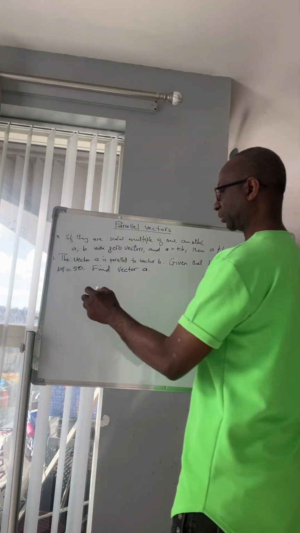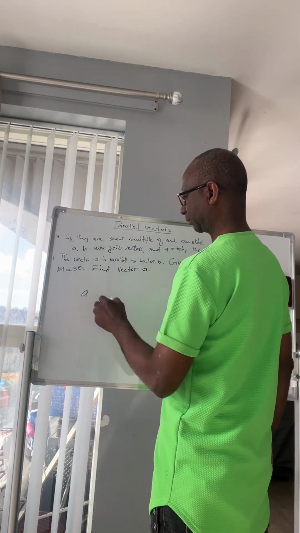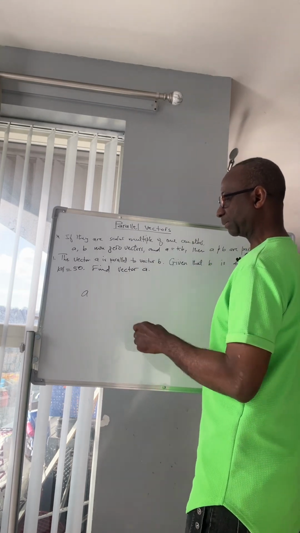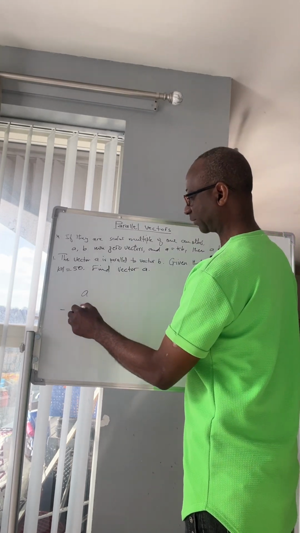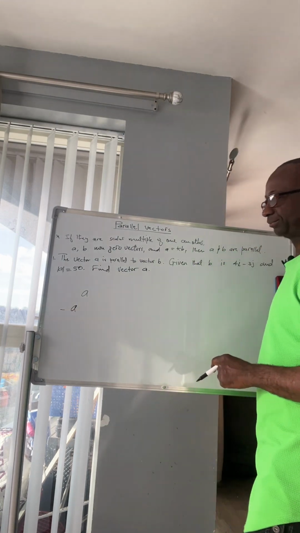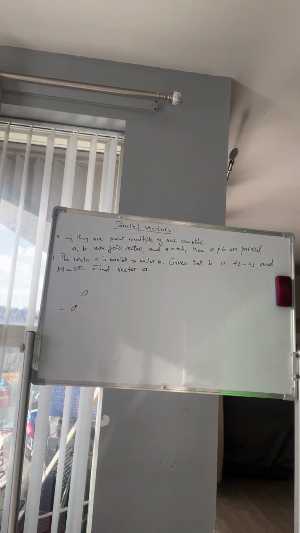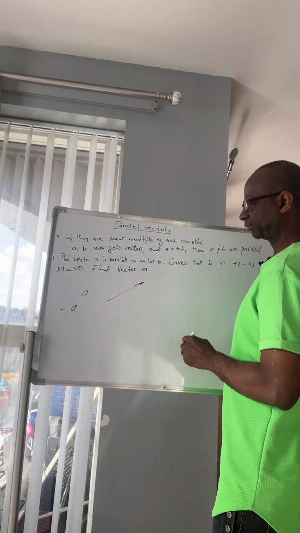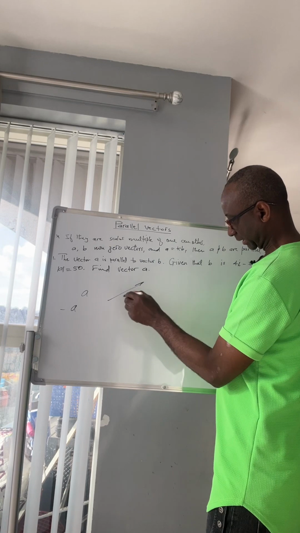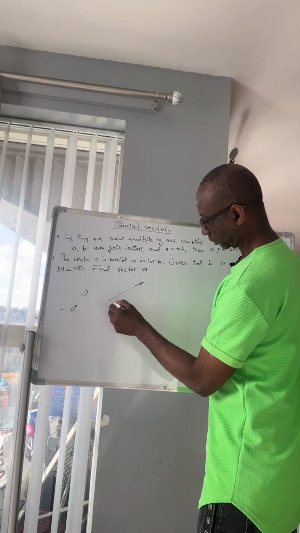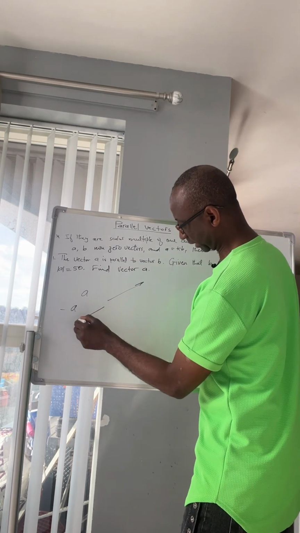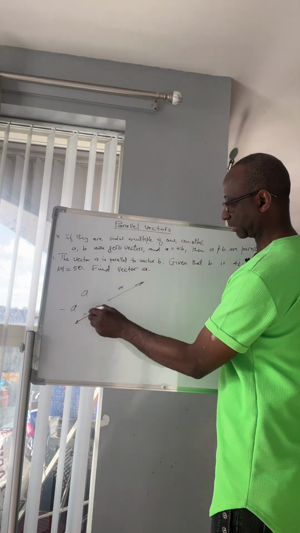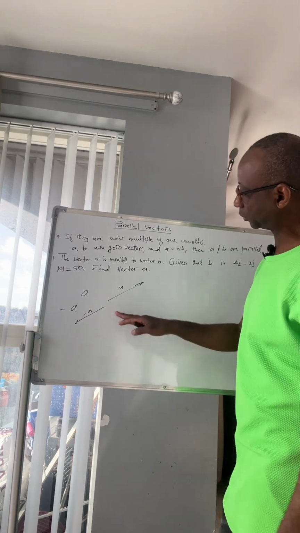If you have a vector A, this vector is parallel to itself minus A. In other words, if this vector is going towards this direction and another vector going towards this direction, if this is A, this is minus A, you can say these two vectors are parallel.